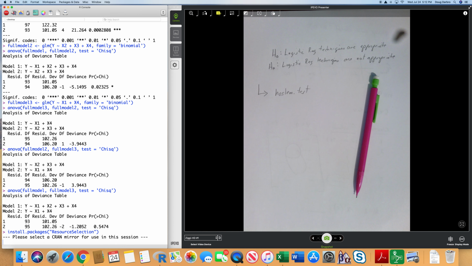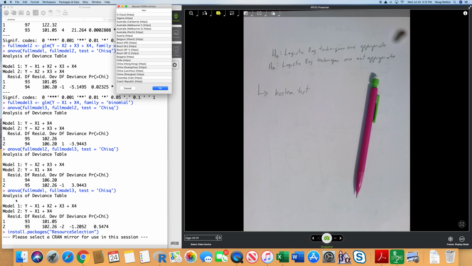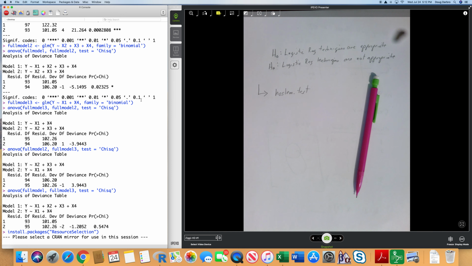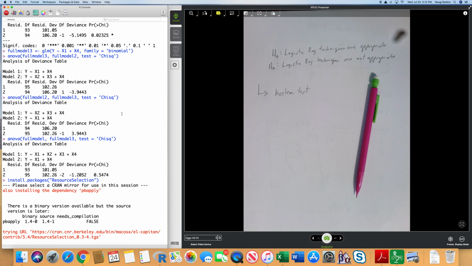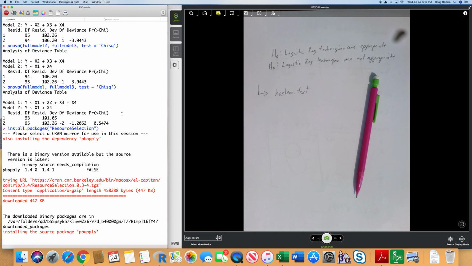I'm going to choose a CRAN mirror. Guys, I choose California because I like those guys. Never met them. For some reason I claim that I like them. Now, depending on your internet connection, mine's extremely slow, so it may take a while. Now I'm going to access the library.